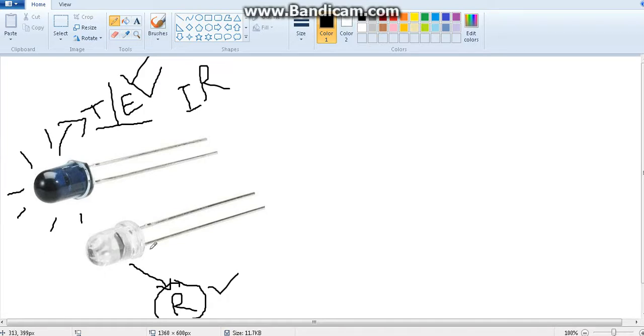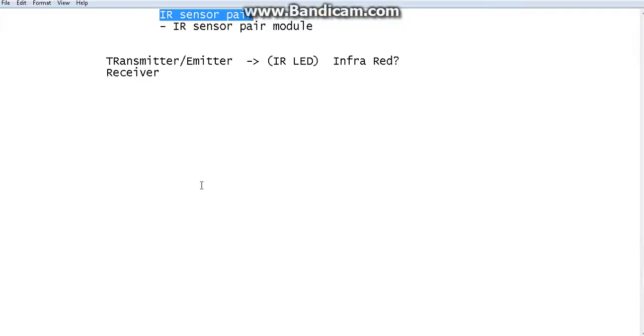When he is receiving the IR rays, what will happen within him is his resistance will change. Whose resistance? The receiver's resistance. I will write it like this: resistance will change.